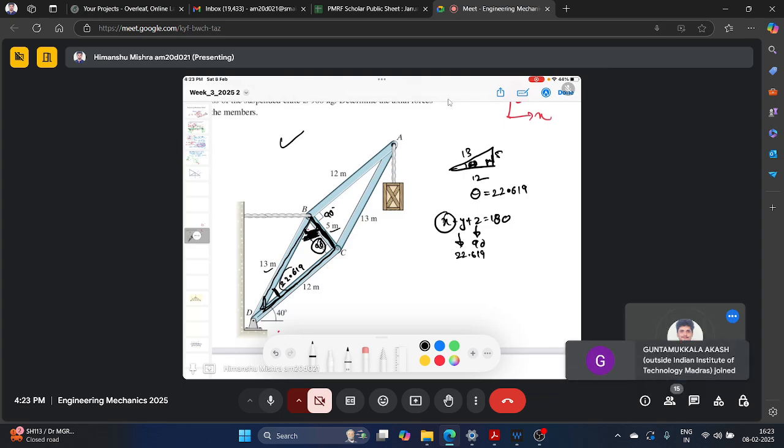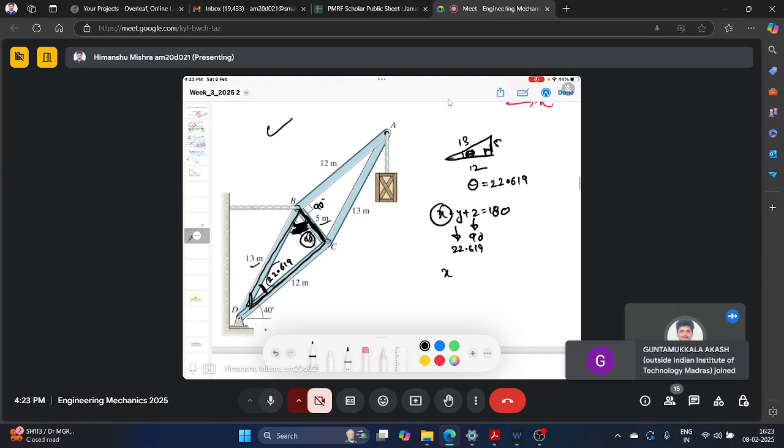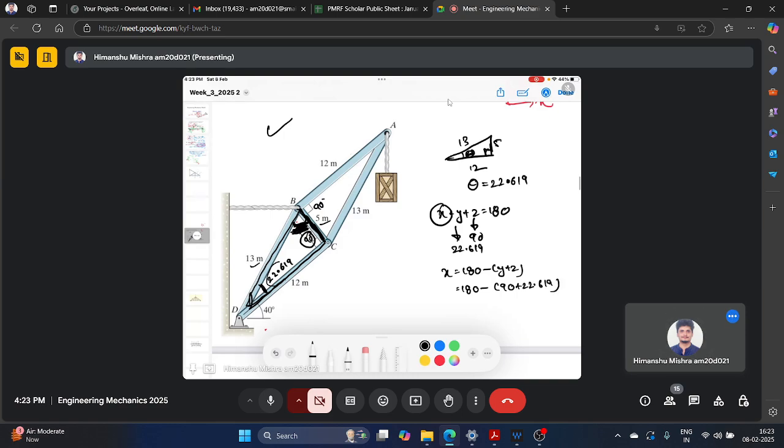So it will be x equals 180 minus (90 plus 22.619). This will come out to be 67.38 degrees. So this angle is 67.38. Now I can make another triangle here.